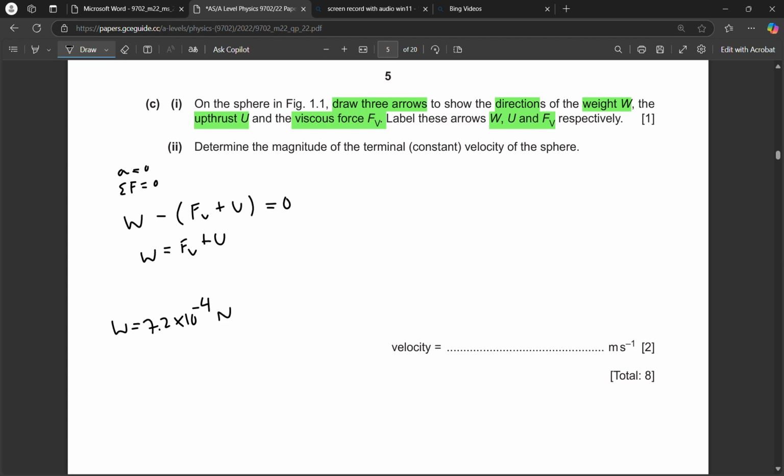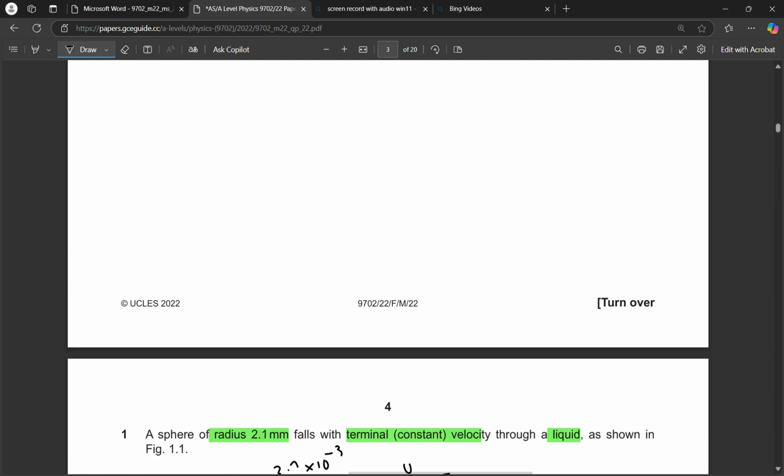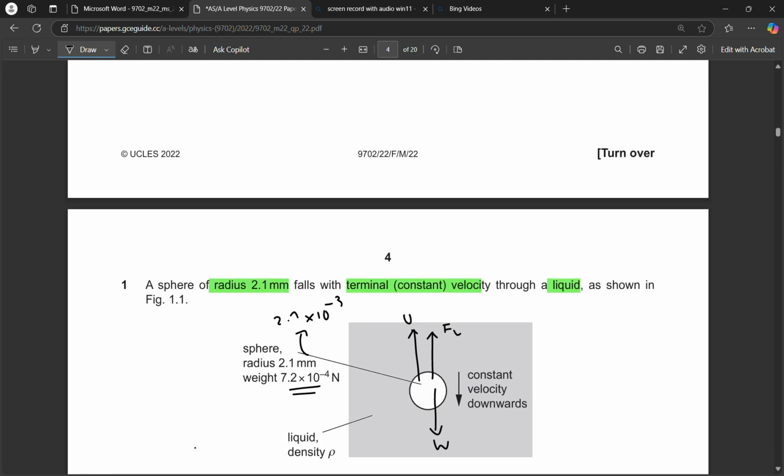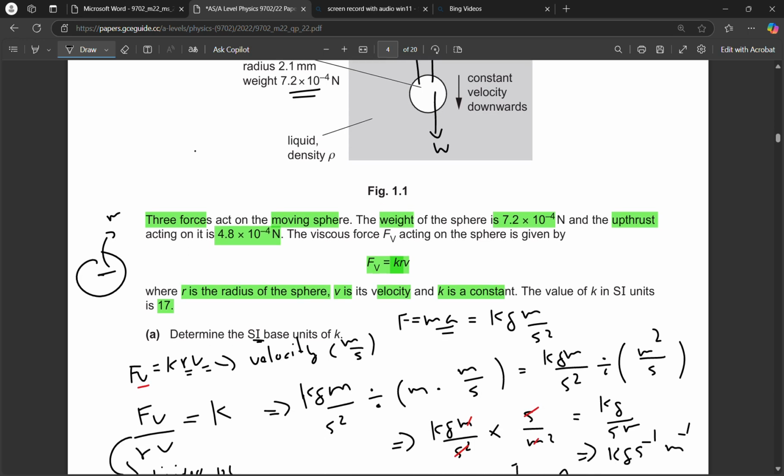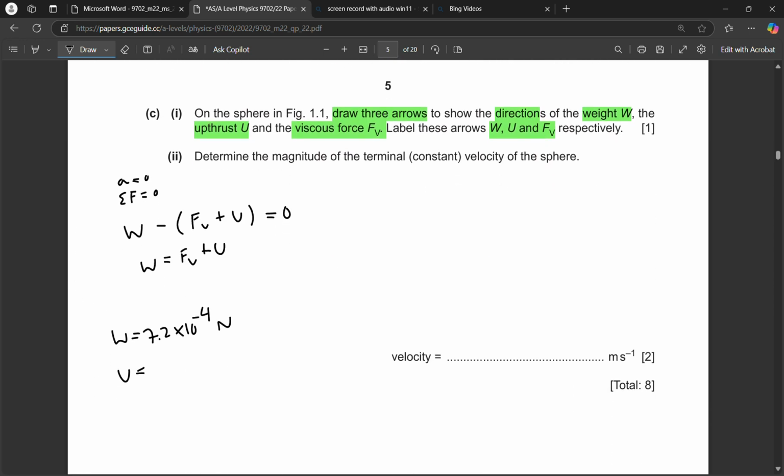The upthrust U is given as 4.8 times 10 to the power negative 4. We used this in the last question. Now FV is unknown, right?